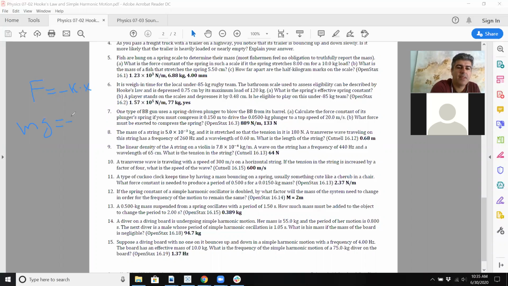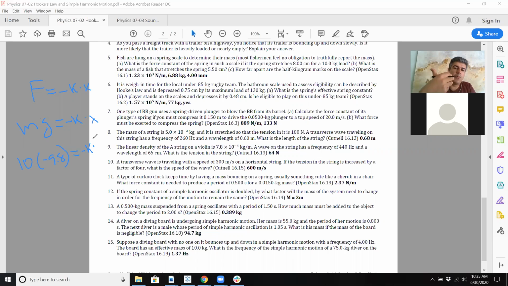Gotcha. And so that mass, now we know 10 kilograms, but what am I going to plug in for g? 9.8. Yeah, and we'll make it negative actually, because it is pointing downwards, right? And you got negative k, and then obviously the scale is lowered a little bit, because right now you have the little hook, and then you put the fish on, and it goes down a little bit, and of course it goes by 8 centimeters.